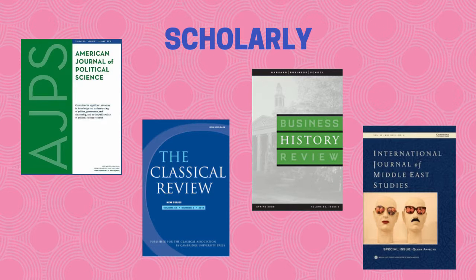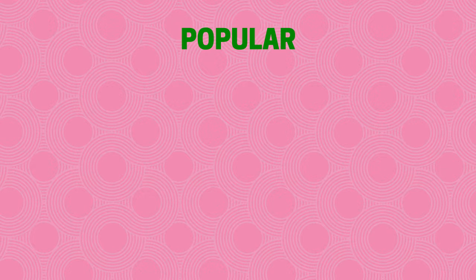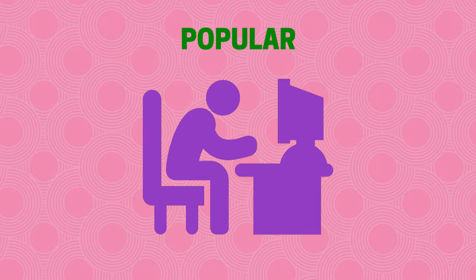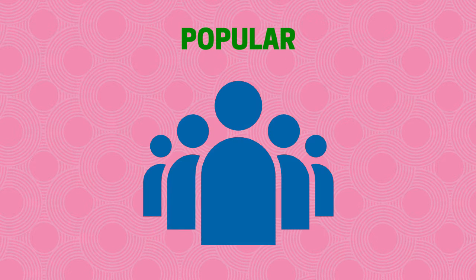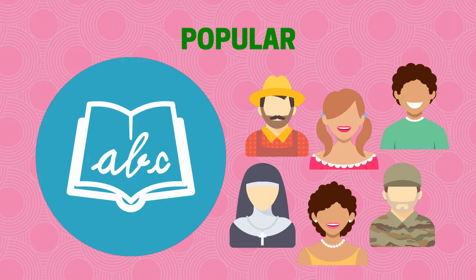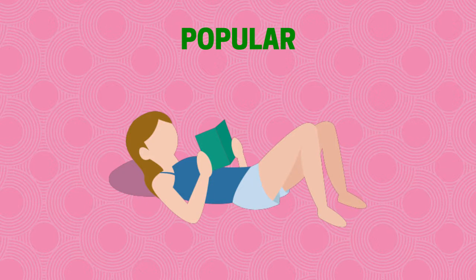Articles in popular sources are written by journalists or other professional writers who are either employed by the publication or are hired on a freelance basis to write articles. Sometimes the author of the article is only listed as staff writer. They use language that is easily understood by most readers and are intended to be read by the general public.